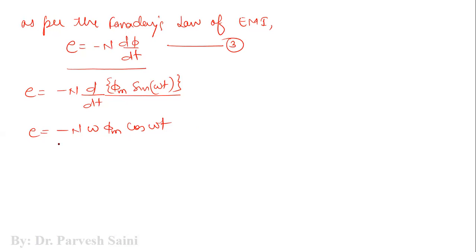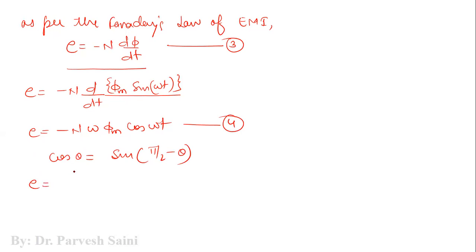Now let us say this is equation number 4, and because we know that cos theta is equal to sine of pi by 2 minus theta, as per the trigonometric rule, we can substitute it here.